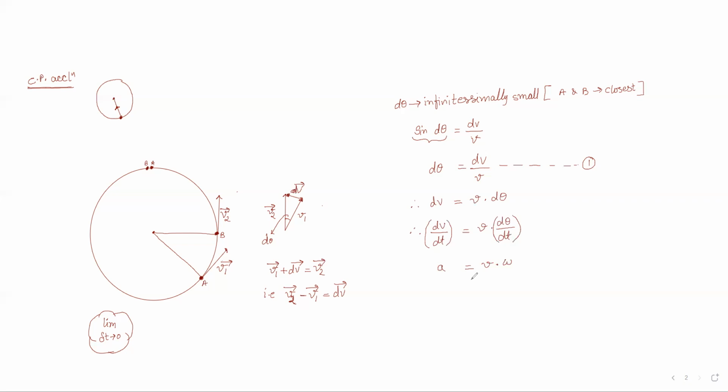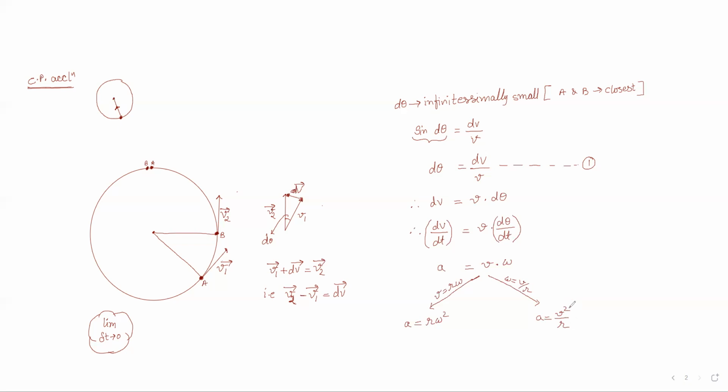To this equation, now if we substitute the values like v is equal to r omega, we get another variant for this acceleration: it becomes r omega square. Or, to the same formula, if we now substitute omega equal to v divided by r, I can get another variant like acceleration is equal to v square by r.